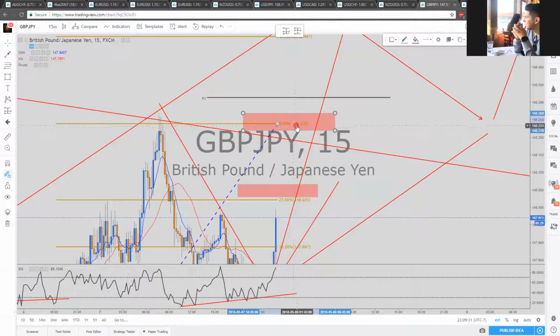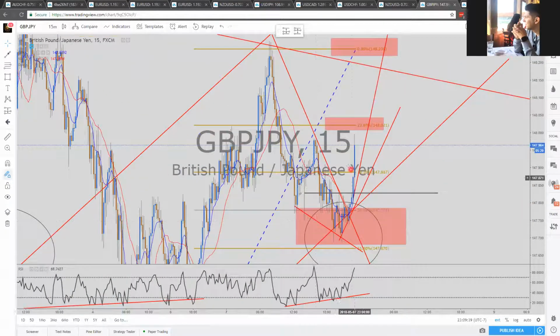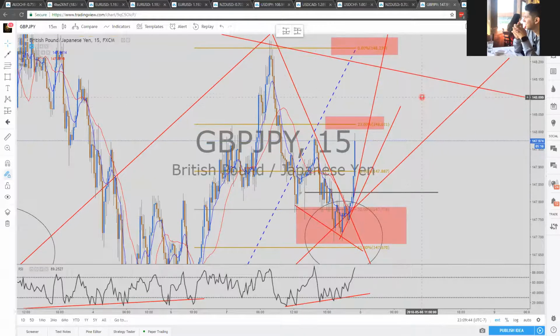So the 148.239, 23.6 is 148.021. So definitely it did break above 38.2, and now it's rising up to 23.6. And also the 00 is around this level, which I do think it's going to break above.